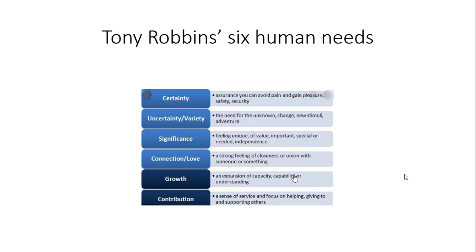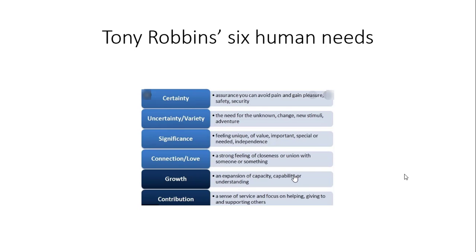By the way, whatever business we are in, we are in the business to satisfy human needs. I'm not sure if anyone has heard about Tony Robbins, but I've been to his seminar and studied a lot of his material, and one of his famous pieces of research was originally done by Abraham Maslow.